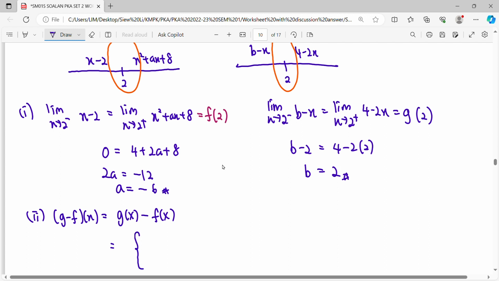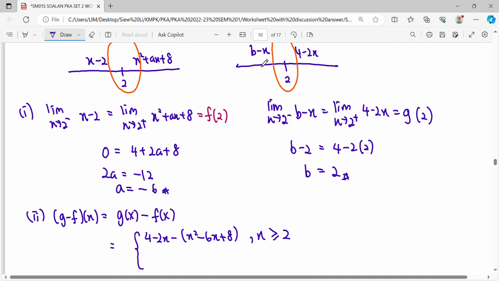For x more than 2, the right hand side, it will be g(x), which is 4 minus 2x, minus f(x) quadratic, which is x squared plus a plus 8, where this is the interval more than or equal to.